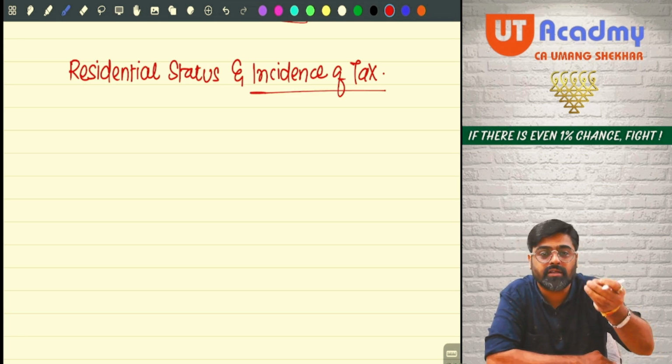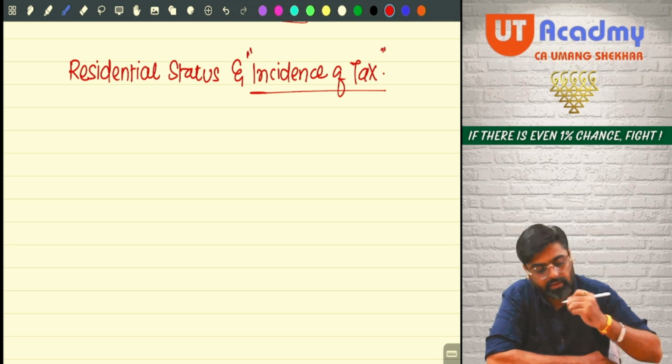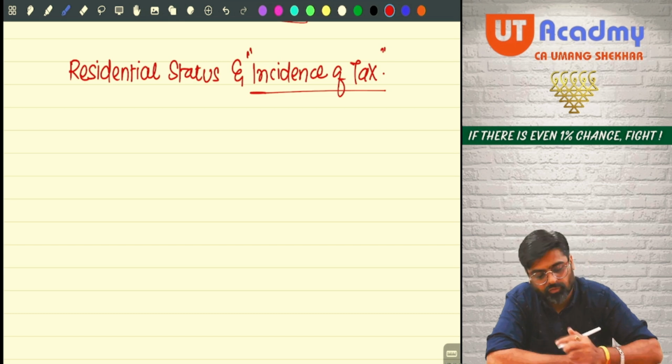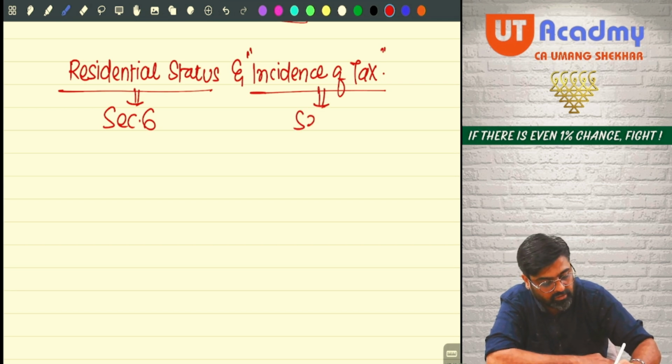Incidence means chargeability of tax. We call it Scope of Total Income. For residential status we'll be doing section number 6, and for incidence of tax we'll be doing section number 5.